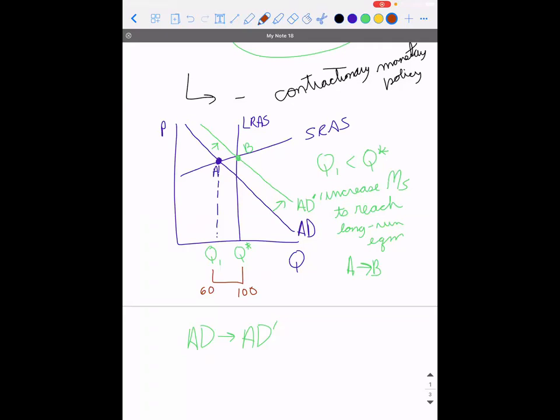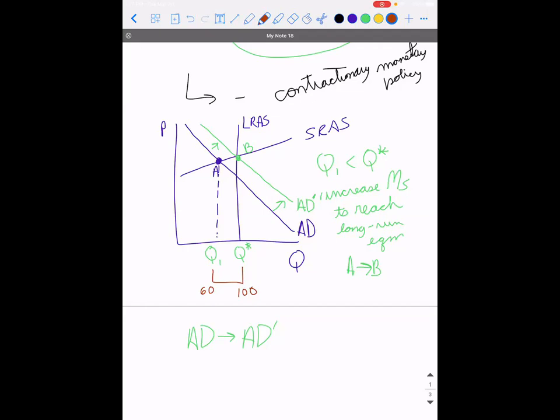The idea here, and this is the important part, so I don't know what minute mark this is in the video, but this is an important point right here. If the difference between these two points is 40, the point of your question is that the Federal Reserve, the central bank, doesn't need to print all $40 million.